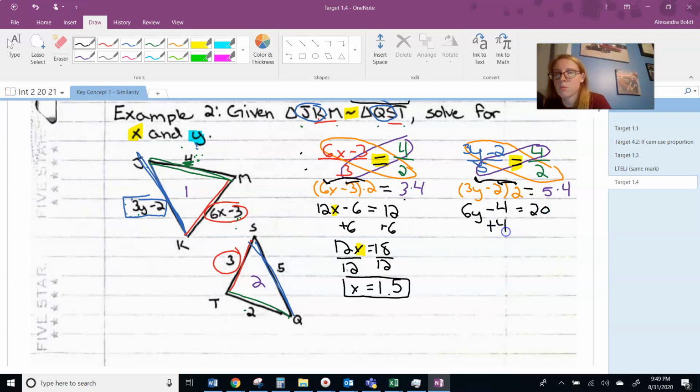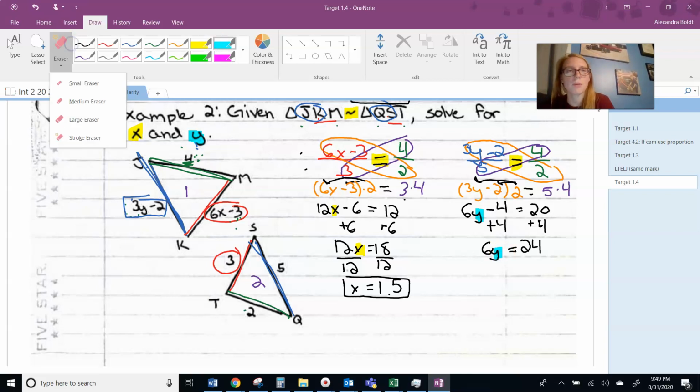Add 4. Oh, wait, yep, because we're solving for y, we're going to add 4 to both sides, doing the opposite. So 6y equals 24. And again, we're solving for y, so we're doing the opposite.